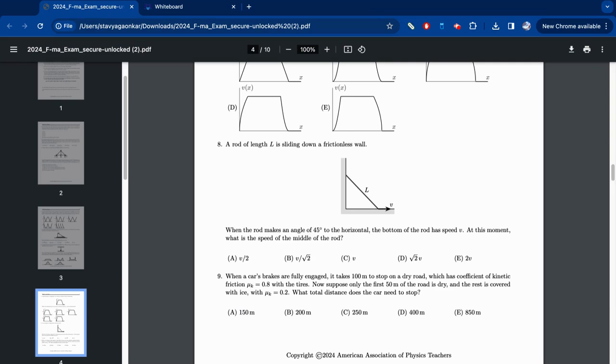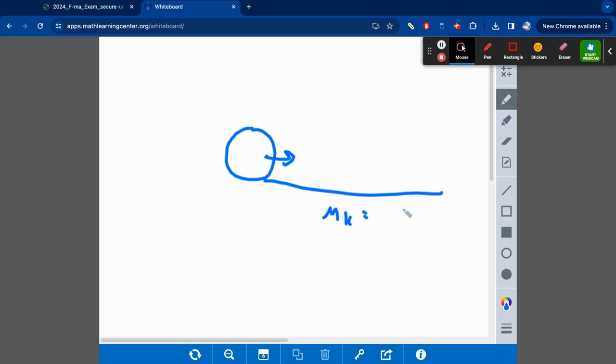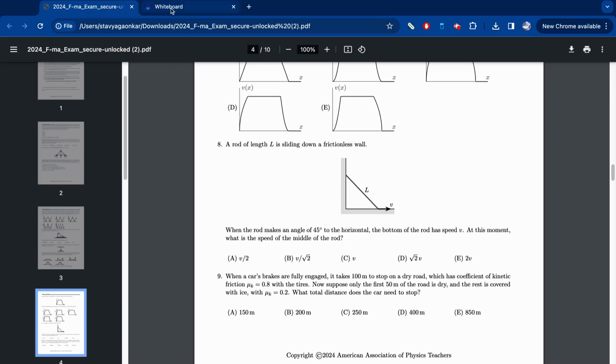Okay, so if a car's brakes are fully engaged, we know that it takes 100 meters to stop on a dry road, which means that if a car is moving and the brakes are engaged, for mu k equals 0.8, it takes 100 meters to stop.